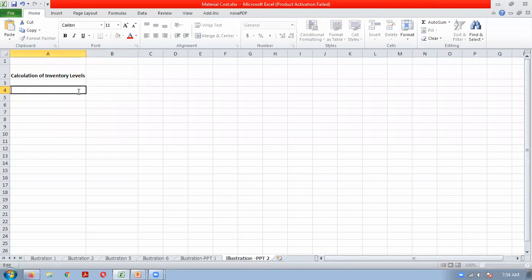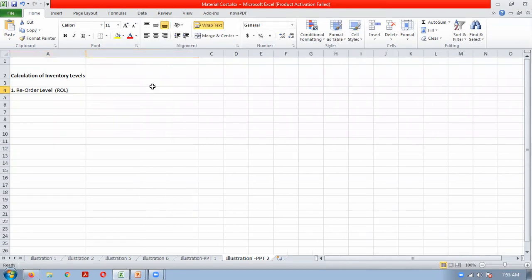Otherwise it will not be possible. If you don't know the formula, you can refer to the previous question, where you might have written the reorder level formula.